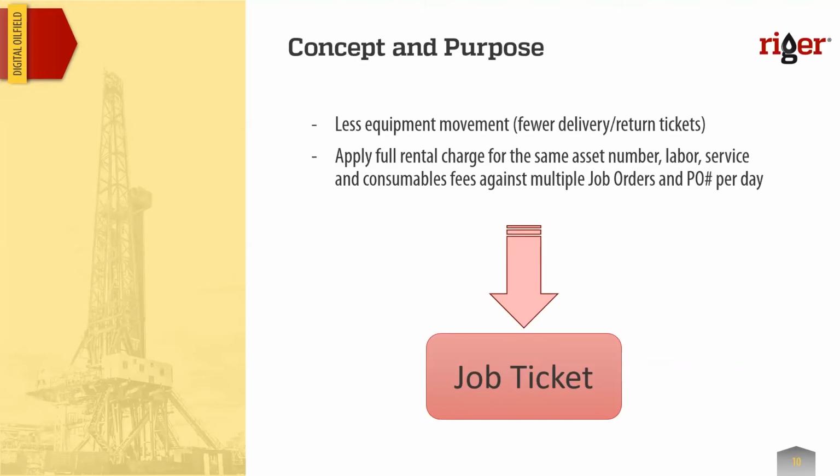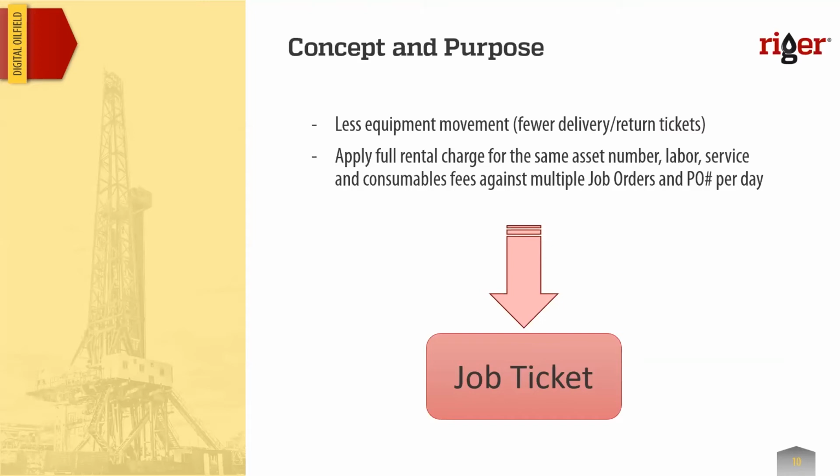We support allocation of the rental charges across different locations, so we can split the full rental charge for multiple sub-locations, or we can allocate a different percentage of the rental charge for different locations. So we have these mechanisms in place, but in this particular scenario with the job tickets, we need to invoice the same unit with a full rental charge multiple times per day.